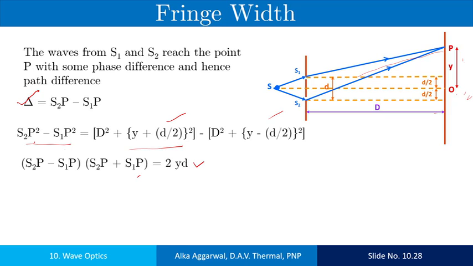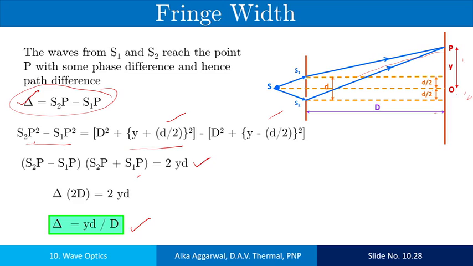Solving it, it is equal to 2yd. S2P minus S1P is equal to the path difference. And for the first degree of approximation, let S2P plus S1P be equal to 2D. The 2 cancels out, so the path difference is equal to this one.